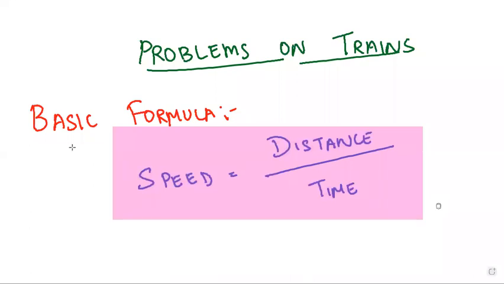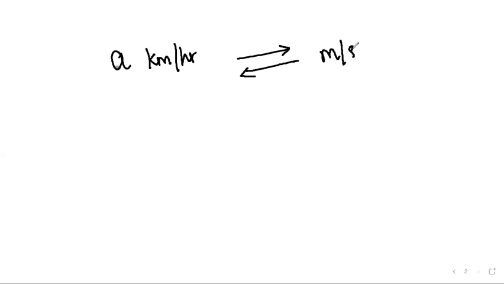Then the one thing with which we have to be very careful is conversion of kilometer per hour into meter per second and vice versa. What is this actually? This is nothing but the unit of speed.